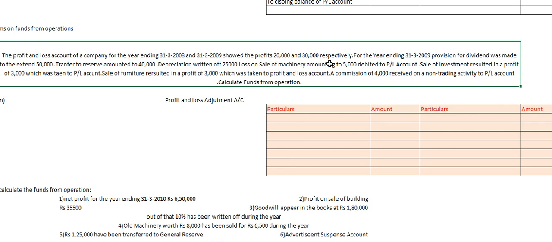So 31/3/2008 is 20,000, which is nothing but your opening balance of profit and loss account. 31/3/2009 is 30,000, which is your closing balance of profit and loss account.